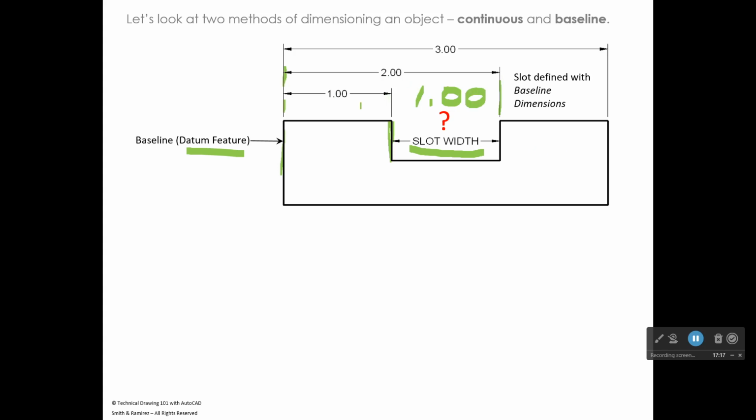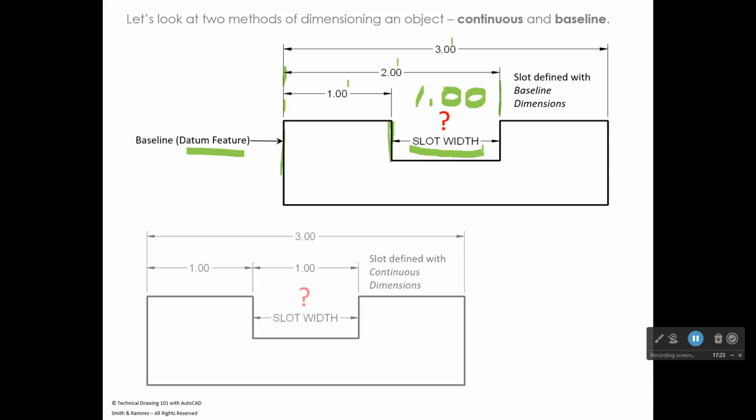And we've already seen that the ASME standard says each of these dimensions right here has to have a tolerance. So here's a different way to dimension that same guy, where you have from here to this edge is 1, but then instead of coming back to your datum feature like you did on the top, see how we came back to the datum feature up here?